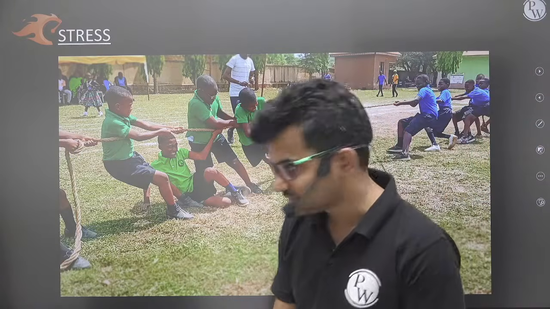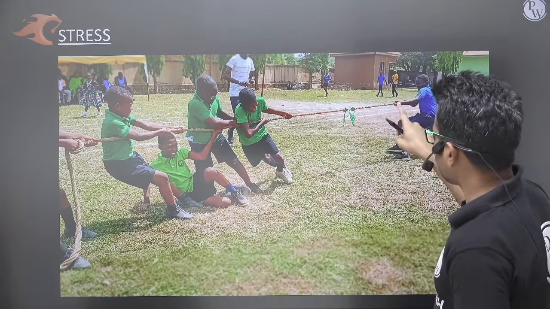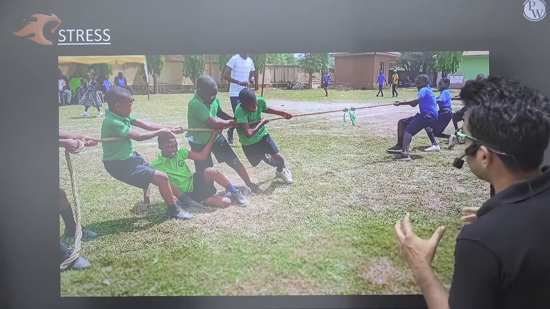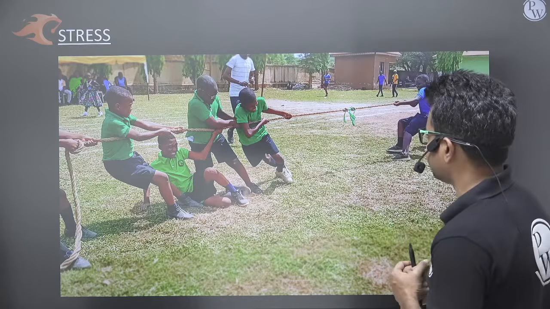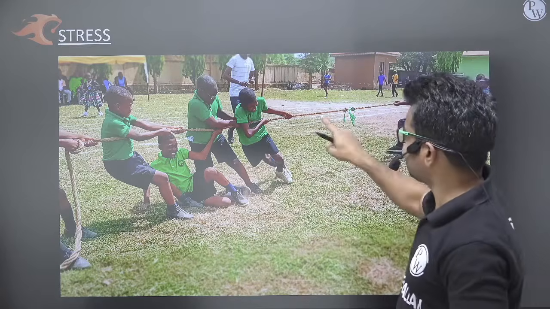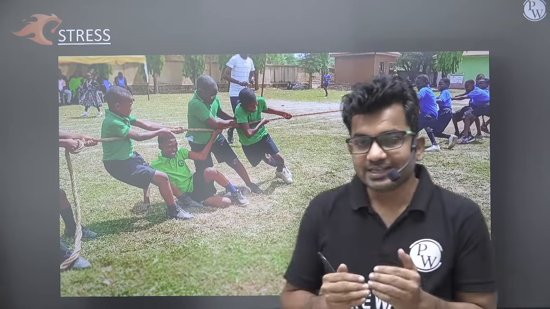What is stress? As you can see, this is a rope, and there is a tug of war competition going on between a group of students. When they are pulling this rope, some stress is coming in the rope. Now what is this stress?